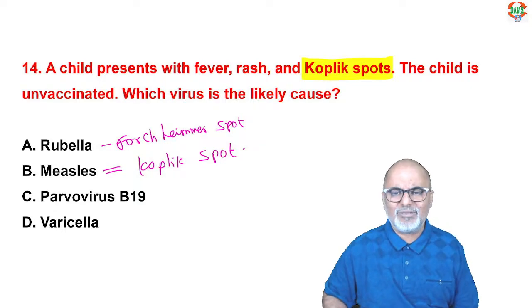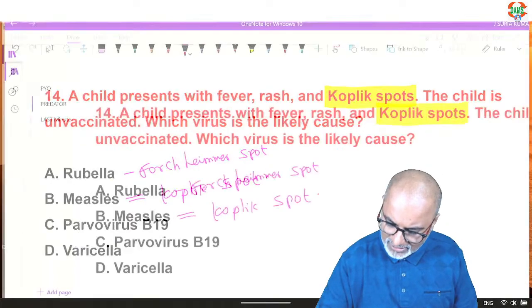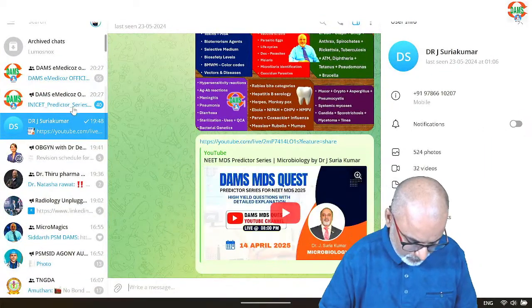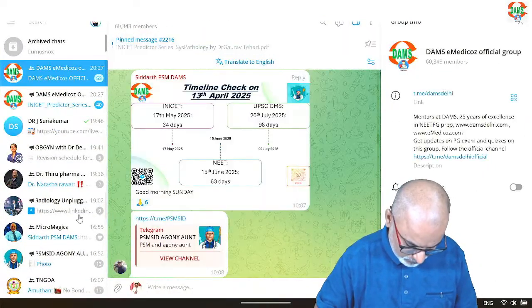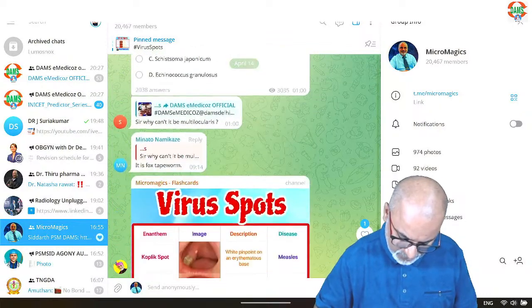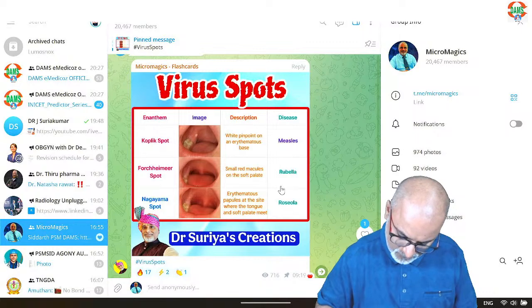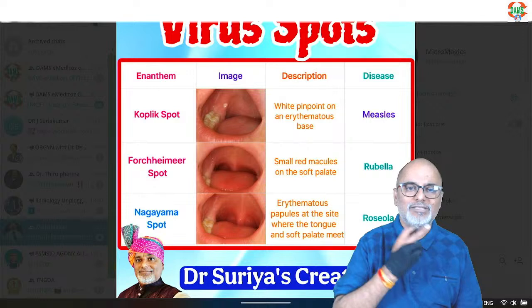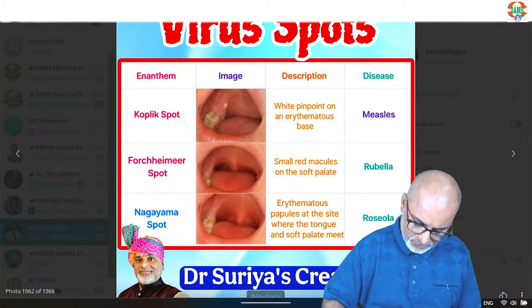Where can you get Nagayama spot? Today only I have posted in my group. Nagayama is seen in roseola. This is Koplik spot.